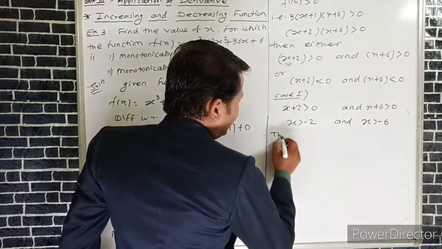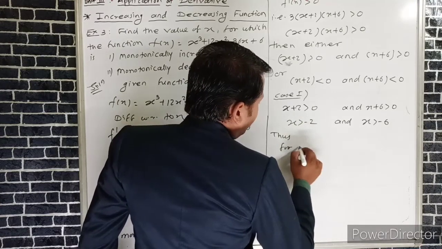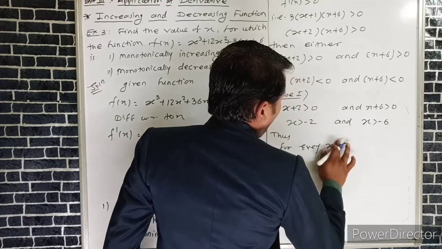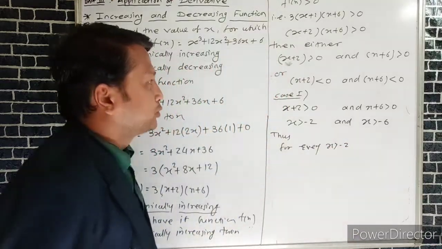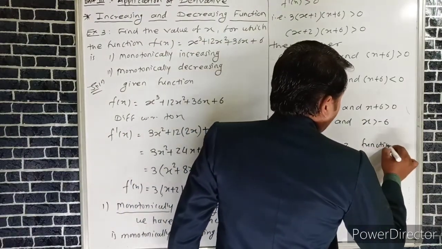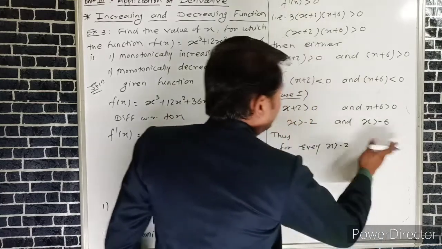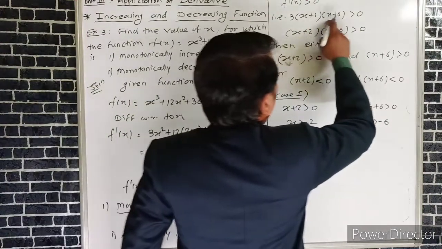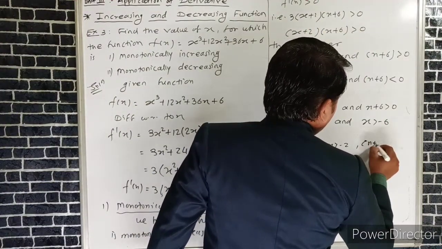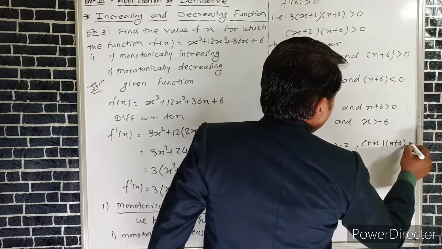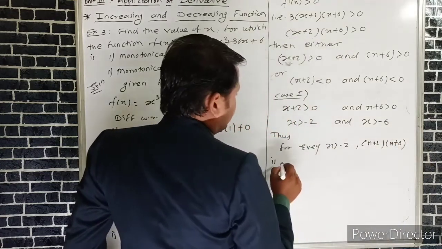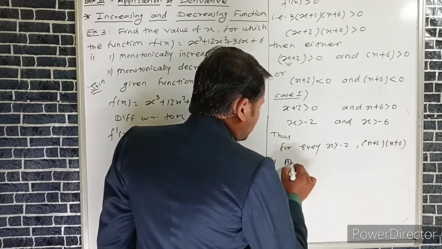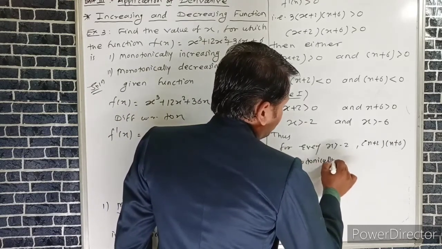Thus, for every x strictly greater than minus 2, the differentiable function x plus 2 into x plus 6 is strictly monotonically increasing.